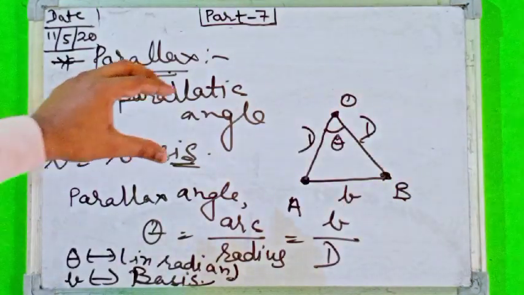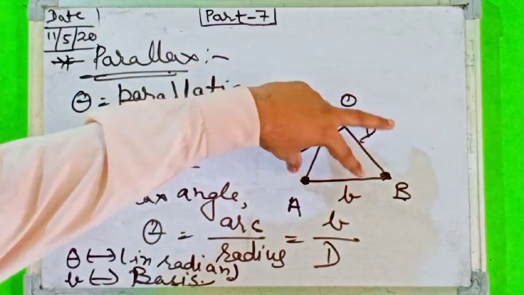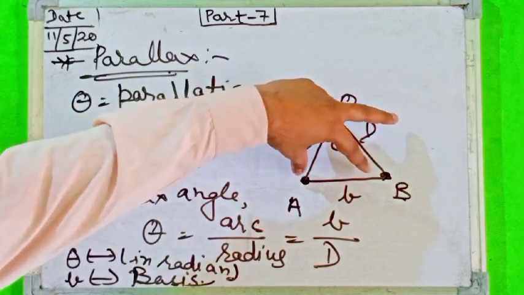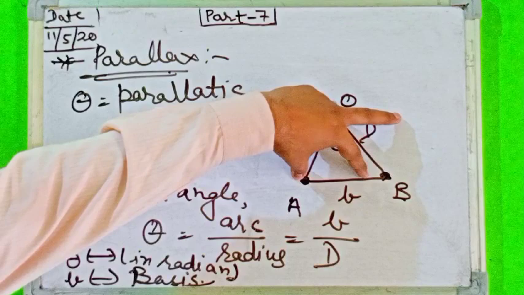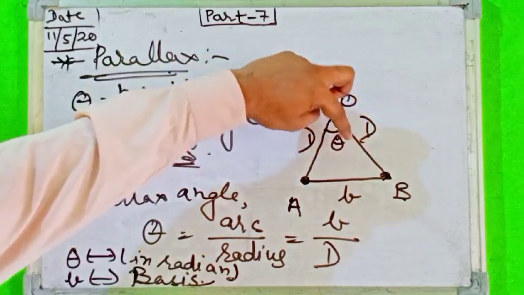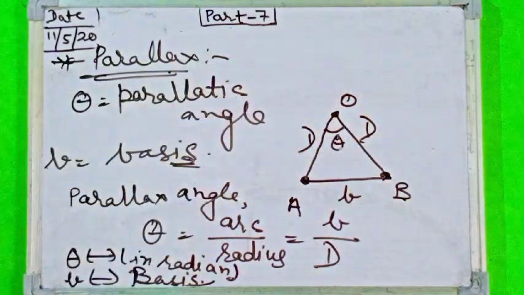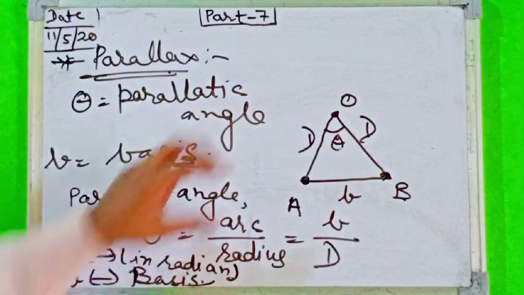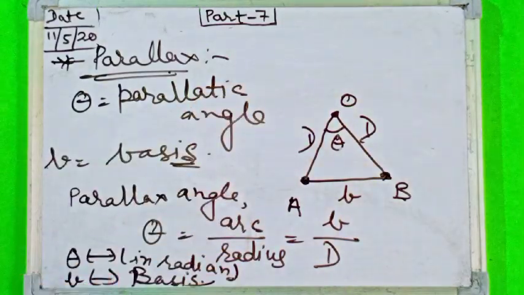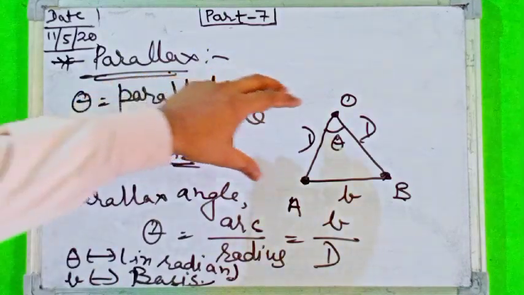You can calculate D if the separation between A and B is known to you, and if you measure the angle theta in radians, that is the parallax angle, then you can calculate the distance easily.